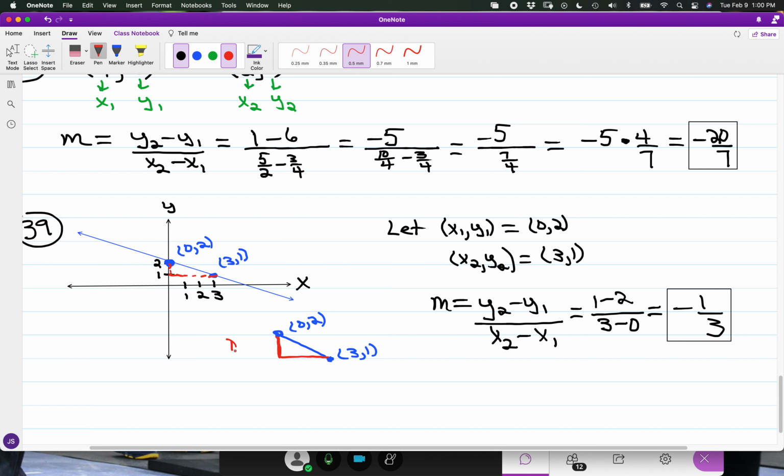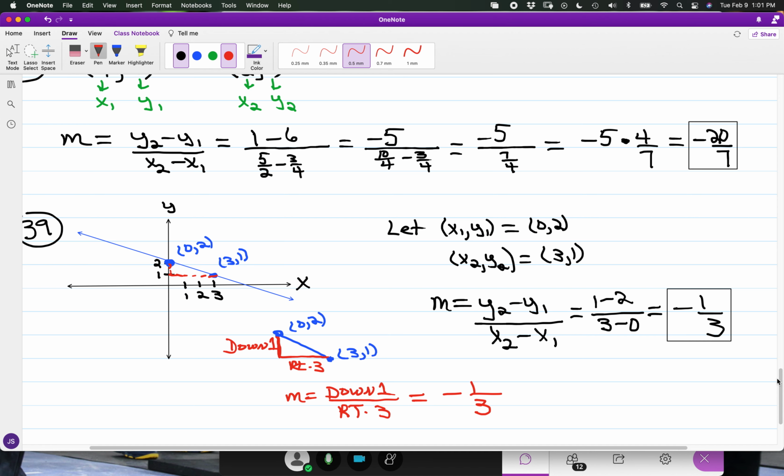Okay, so you have down 1 and going over to the right 3 units. So you have the ratio of vertical change to horizontal change. And numerically, down 1 translates to -1, and over to the right you have shifting over positive 3 units. So regardless of whichever approach you take, we have the slope is equal to -1/3.